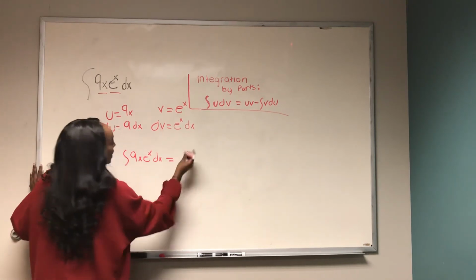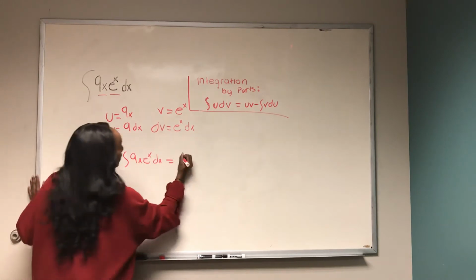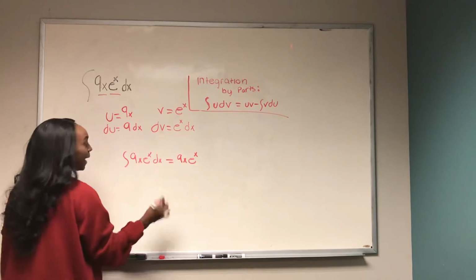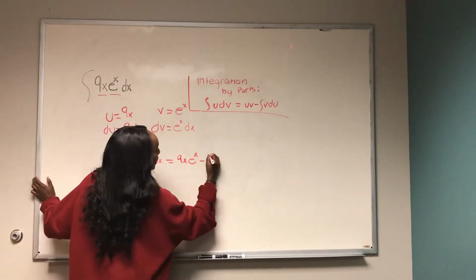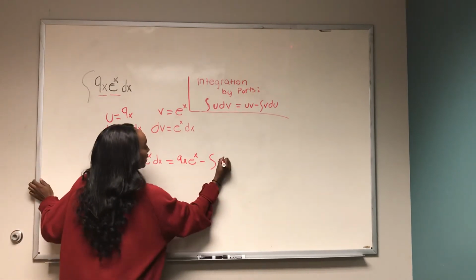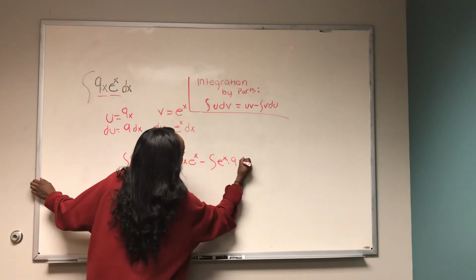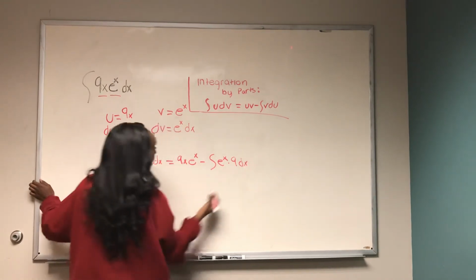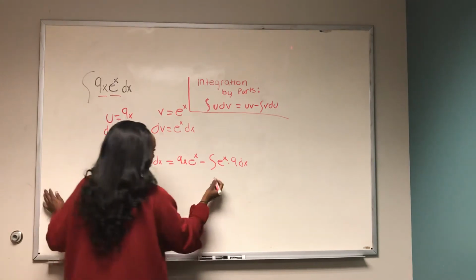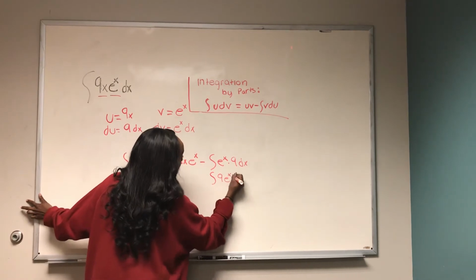And now we want to plug in our u and v, u times v, 9x e to the x, minus the integral of v times du, which is e to the x times 9 dx. And we always want to put the 9 in front as our leading coefficient. So we write this as 9 e to the x dx.